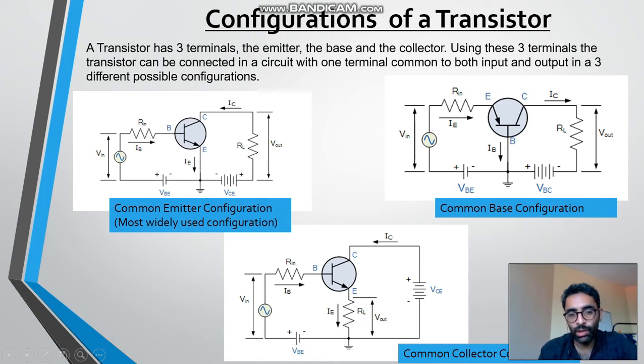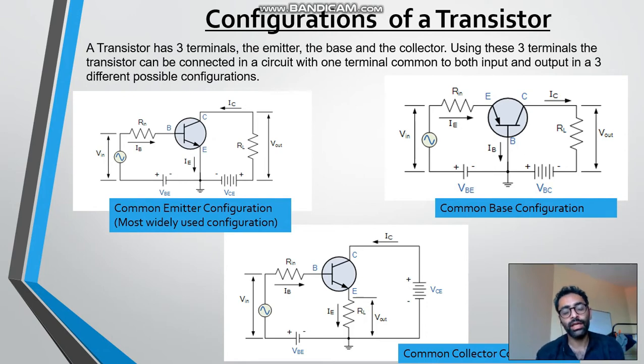Now in the question, if you correctly remember, it was also asked which of these configurations is the most widely used. So the common emitter configuration is the most widely used configuration for a transistor. And why is it the most widely used? Because in this configuration the input voltage is amplified.